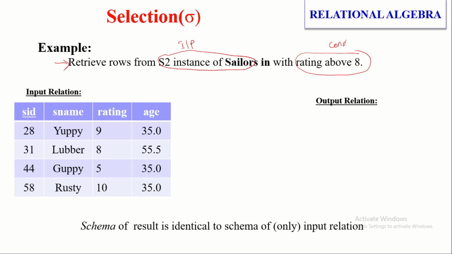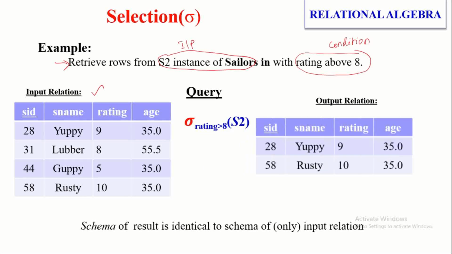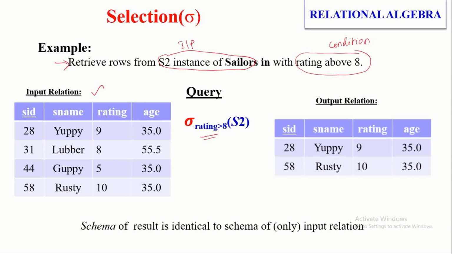For specifying the selection query, we need the input table and the condition. So, by applying the sigma operator, we can formulate the query. Here the selection operator is sigma, the condition is rating greater than 8, and the input table is the S2 instance of sailors relation.